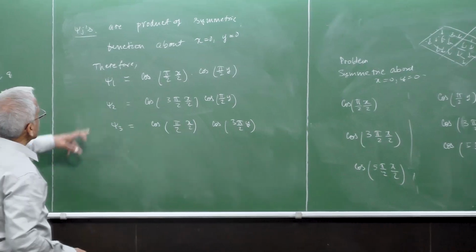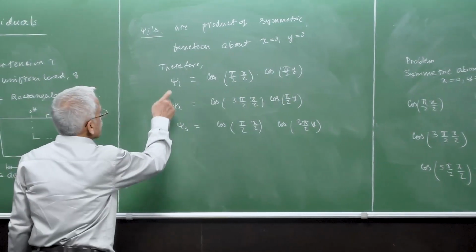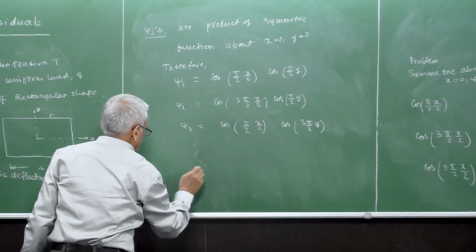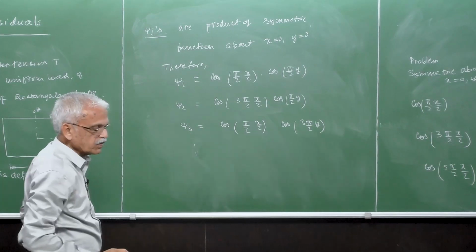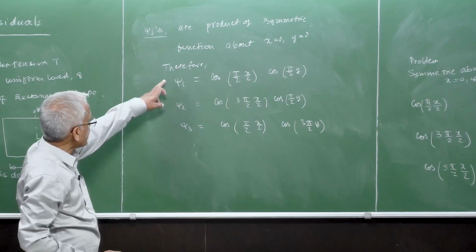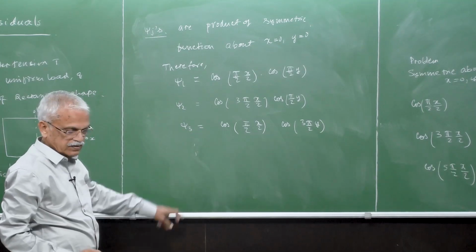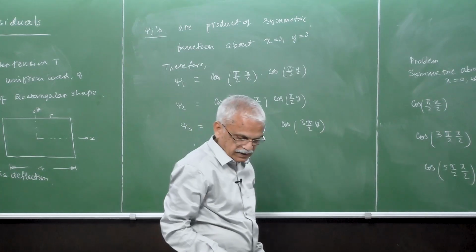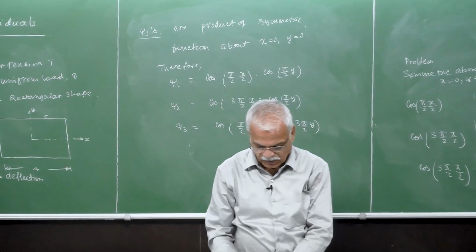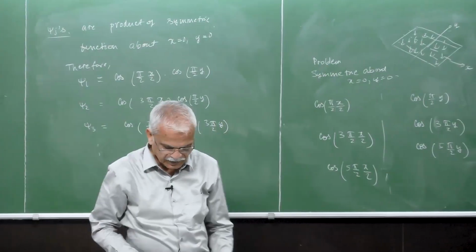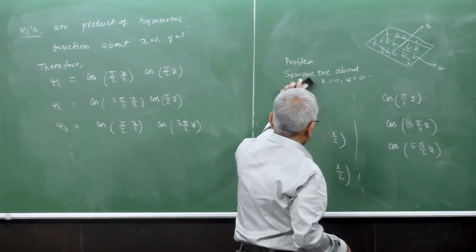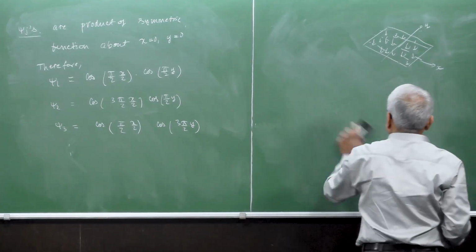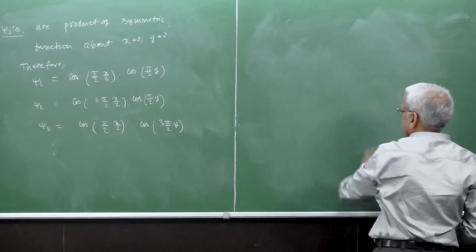Once we know, you also recall that psi naught has been taken to be 0. So we have psi 1, psi 2, psi 3 and all these things. So now our solution will be just based on this one. Just now we derived what should be the Kij in the set of algebraic equations.